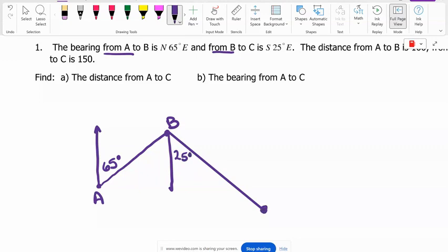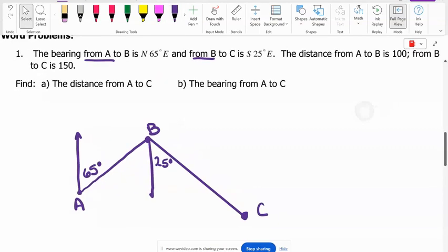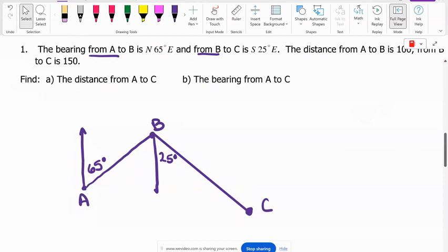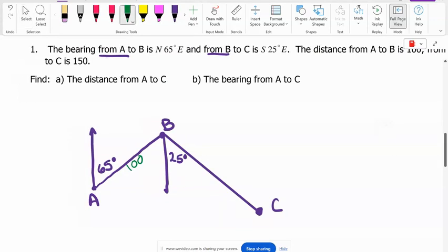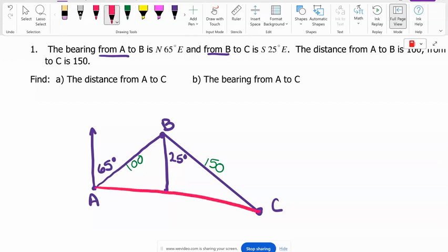So let's see. The distance from A to B is 100, so we'll label that. And from B to C is 150. Find the distance from A to C first. So I'm finding this first.